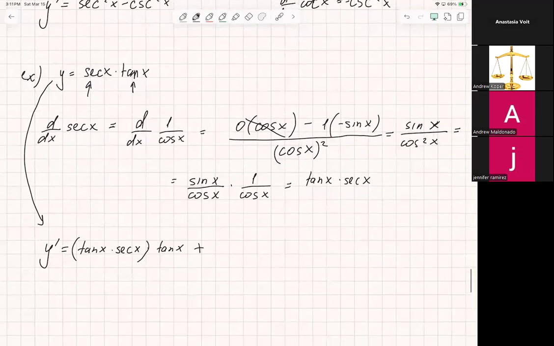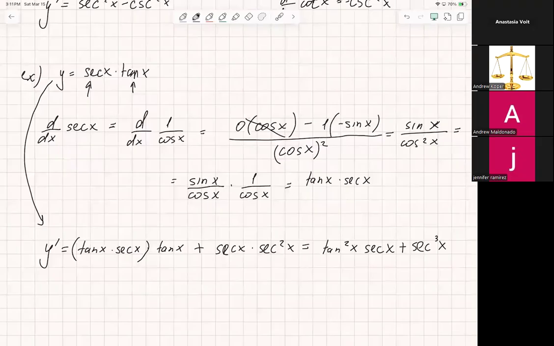And now plus, now we rewrite the first expression, secant x times, now the derivative of the tangent is going to be secant squared x, right? So now we just simplify, we get tangent squared x secant x plus secant cubed x.